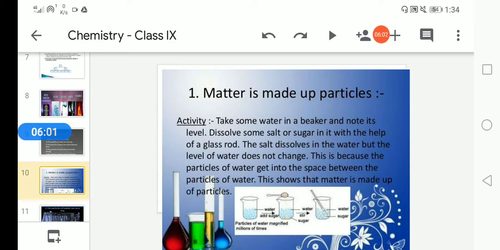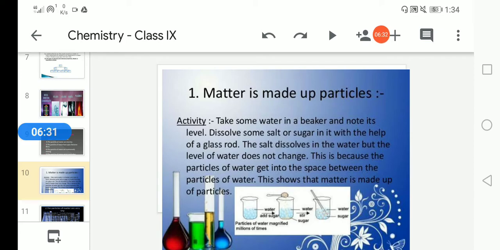In this activity, we have taken a beaker along with some water. Into it, we have added some sugar or salt in a tablespoon or teaspoon. Then we are stirring this beaker with a glass rod. After some time, we can see that there is no increase in the level of the water, and the salt disappears.